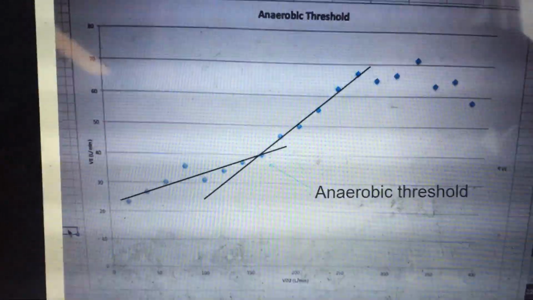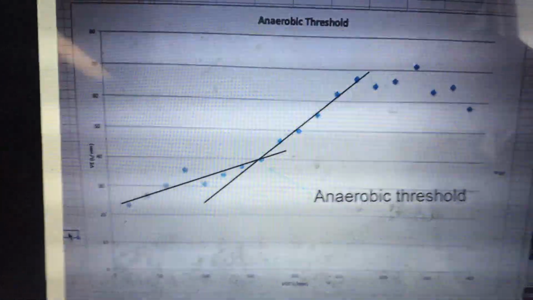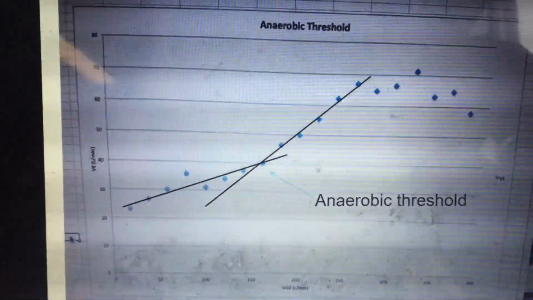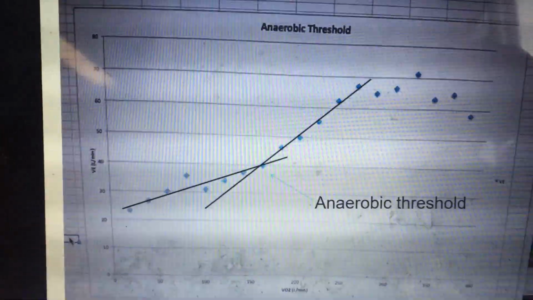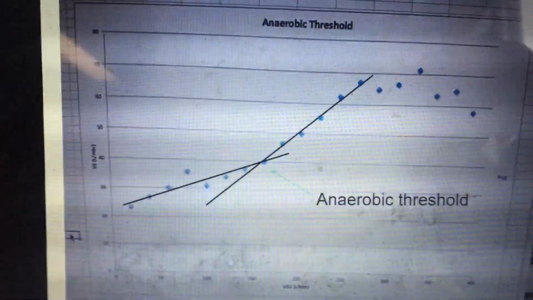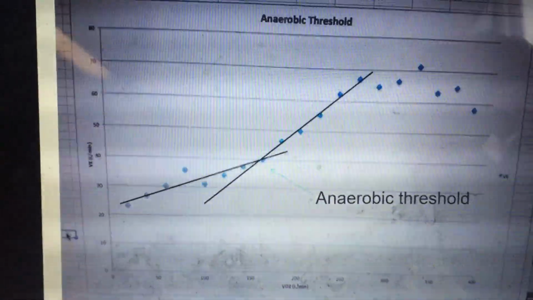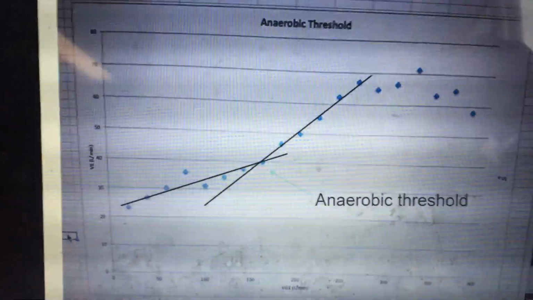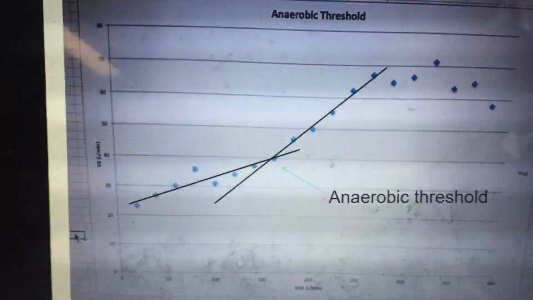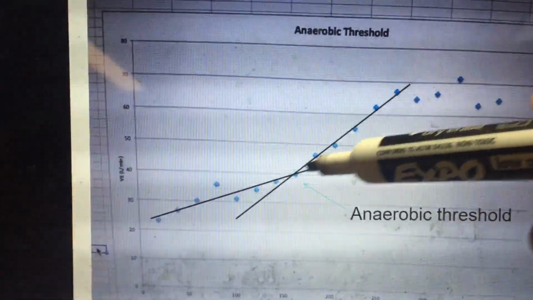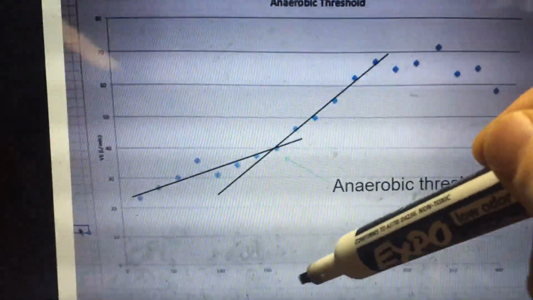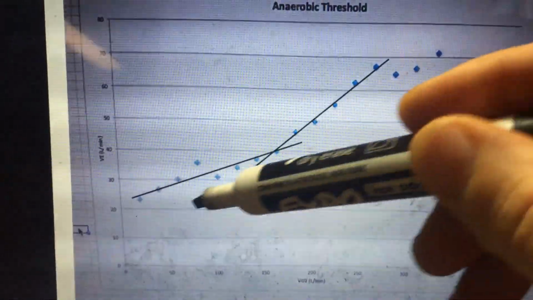Your oxygen consumption will increase in a linear fashion up to a certain point until you reach your maximal oxygen consumption. Your ventilation increases with oxygen consumption at first, and then ventilation will increase to a greater degree than oxygen consumption. So these dots represent your ventilation plotted against your oxygen consumption.